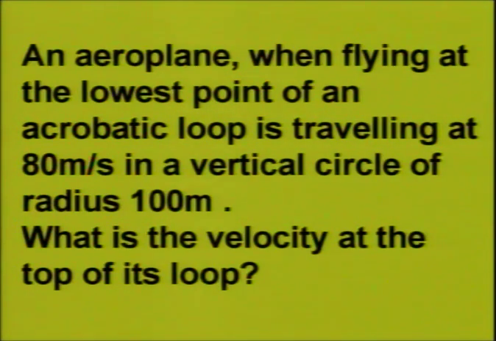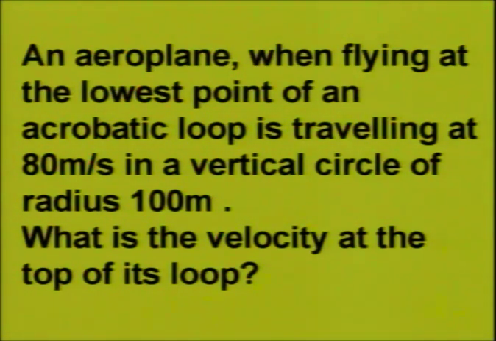So you have half v square equals to mgh. This h should be 2r, so mg 2r, then plus, because it is minus here, it is plus half mv square.